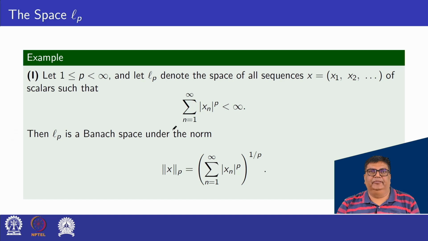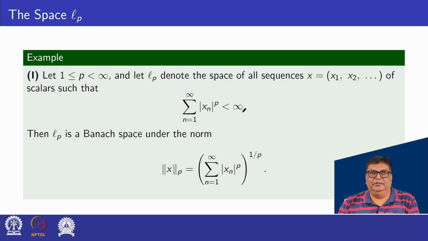The space LP. Let p belong to the range 1 to infinity, that is, 1 less than or equal to p less than infinity, and let LP denote the space of all infinite dimensional sequences x equal to x1, x2 and so on, of scalars such that summation n equal to 1 to infinity mod xn power p is less than infinity.